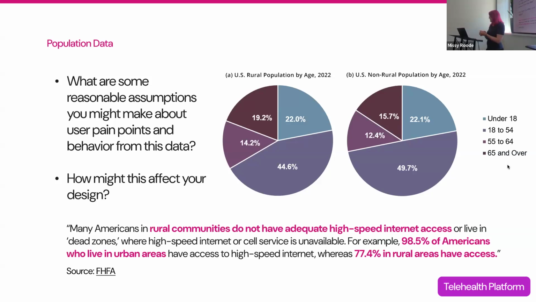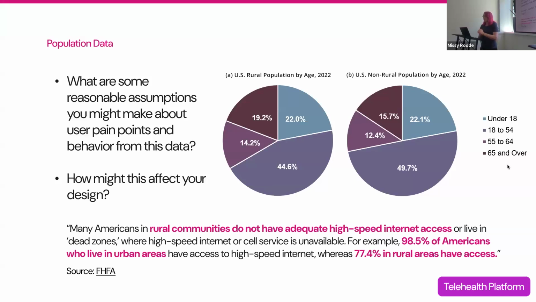If you look at this graph, it's looking at rural population by age. While of course the younger group is the largest group, if you look at 65 and over, it grows for the rural population. It is a larger share of the rural population than the non-rural population.